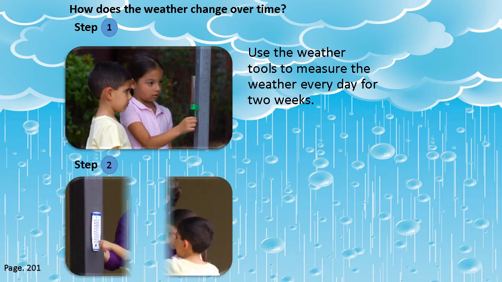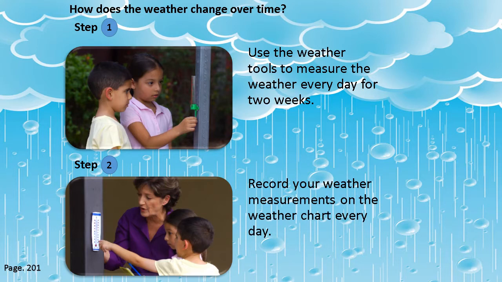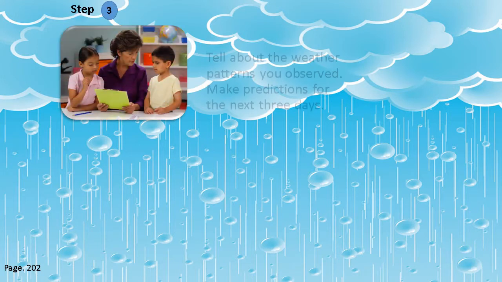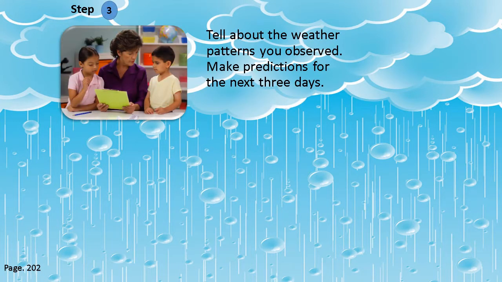For step 2, these kids are asked to record their weather measurements on the weather chart every day. And then, for step 3, they are asked to tell about the weather patterns they observed and to make predictions for the next 3 days.